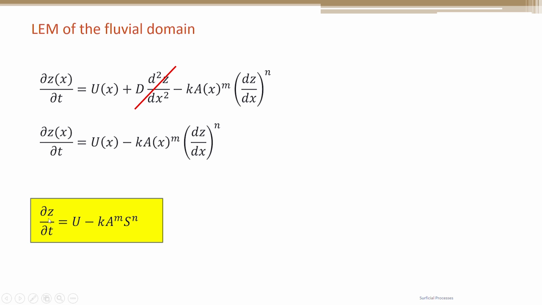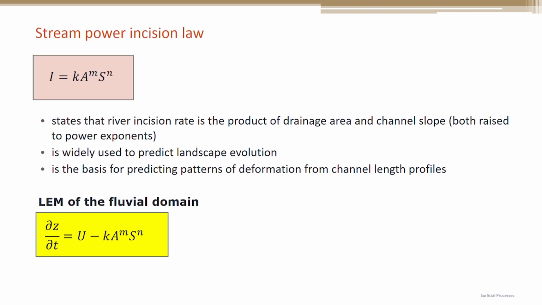Okay, it just says that at any point, the elevation change is due to uplift, or let's say at any point along the river, due to uplift minus the incision. Okay, this is actually one of the most important laws in, or I wouldn't call it law, but people call it the stream power incision law, but it's rather a model. Law is a bit exaggerated when you compare it to Newton's law also.